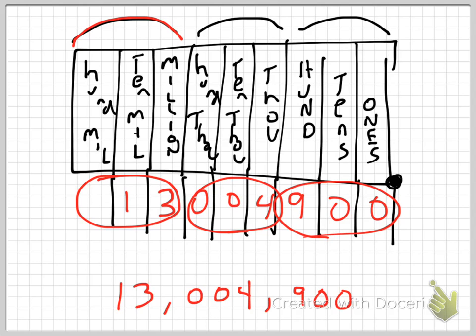Yes? You see it. You put them in groups of 3. How many are here? 13. 13 million. Jump over now. How many thousands? 4,000. 13 million, 4,900. We're done. Did you hear me use the word and?